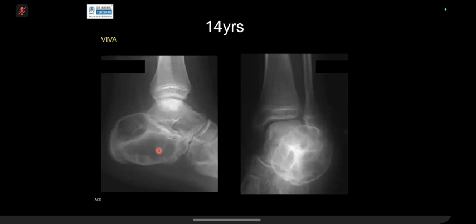Which one? I can't remember right now very well. Maybe chondroblastoma. What is the location of a chondroblastoma? Epiphysis usually of the long bones. Mm-hmm. But there are some tumors which can happen in the talus and calcaneum as well.